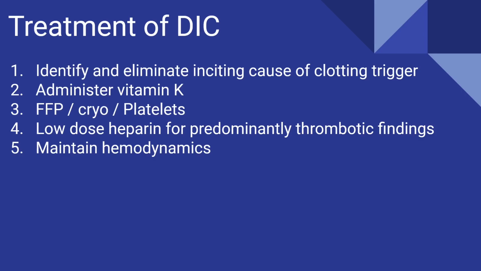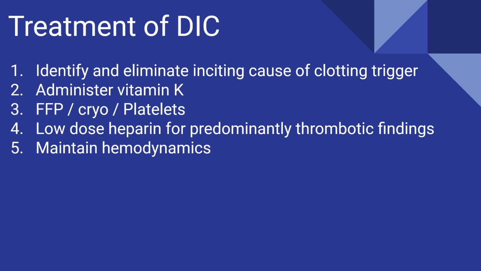We want to replace the clotting factors. We want to replace the vitamin K to make the process continue to work. And we want to fix the initial issue that's causing those clotting factors to be used up.